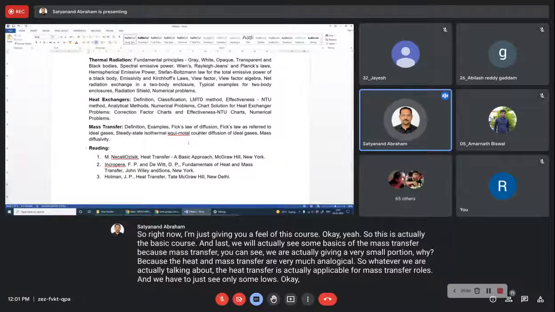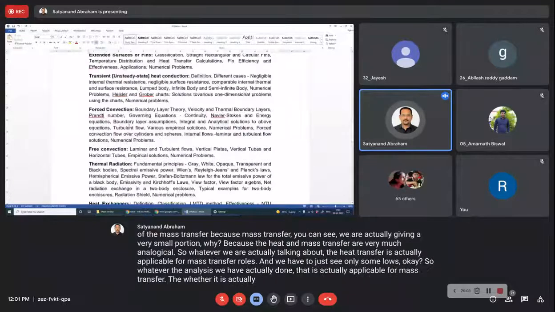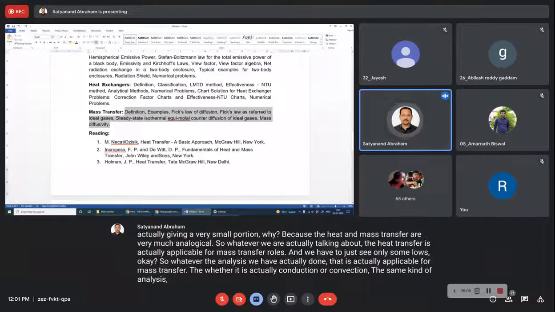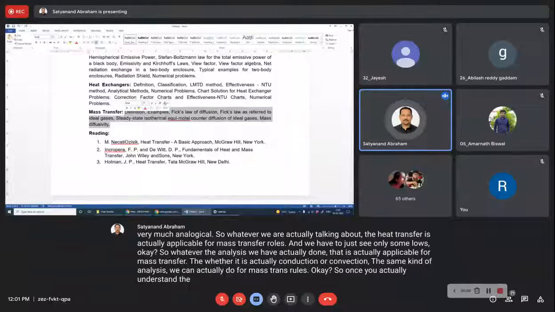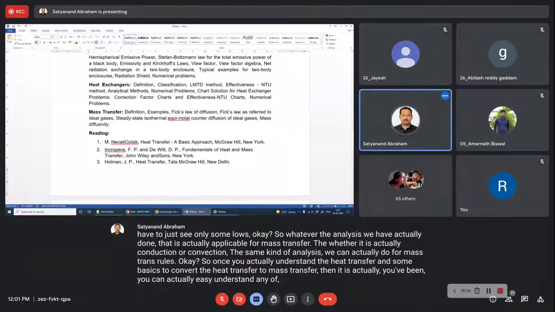Whatever analysis we have done, whether it is conduction or convection, the same kind of analysis we can do for mass transfer also. Once you understand heat transfer and some basics to convert heat transfer to mass transfer, then you can easily understand any of the mass transfer problems.